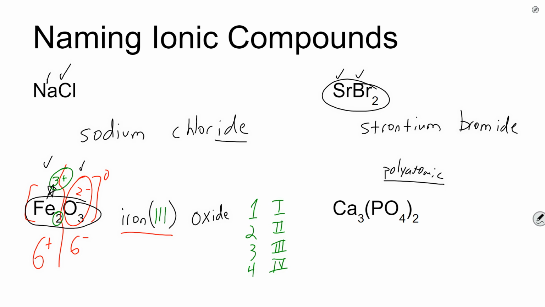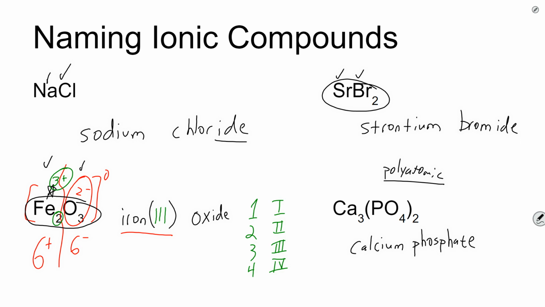Anyway, getting into naming this thing, Ca is calcium. And PO4, you can just look up on the list and you'll find out that it's the phosphate ion. And so we just call it phosphate.